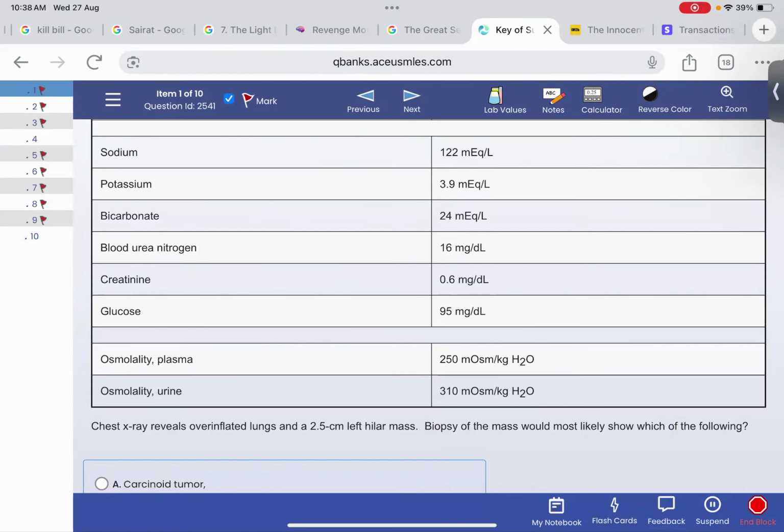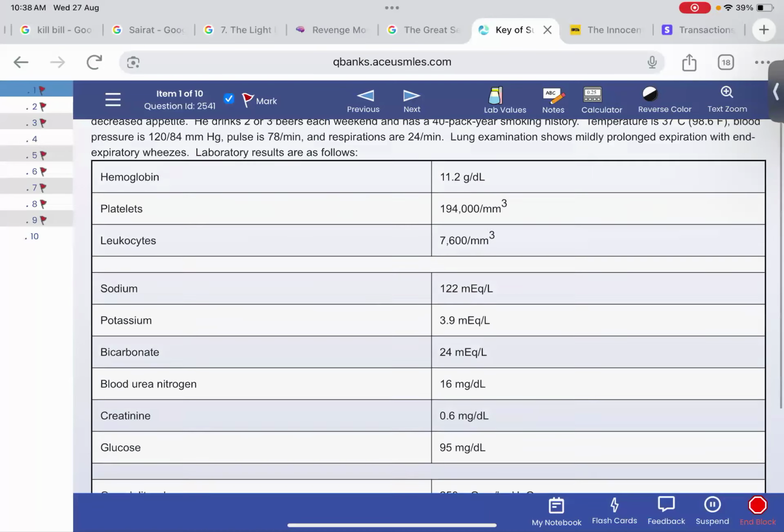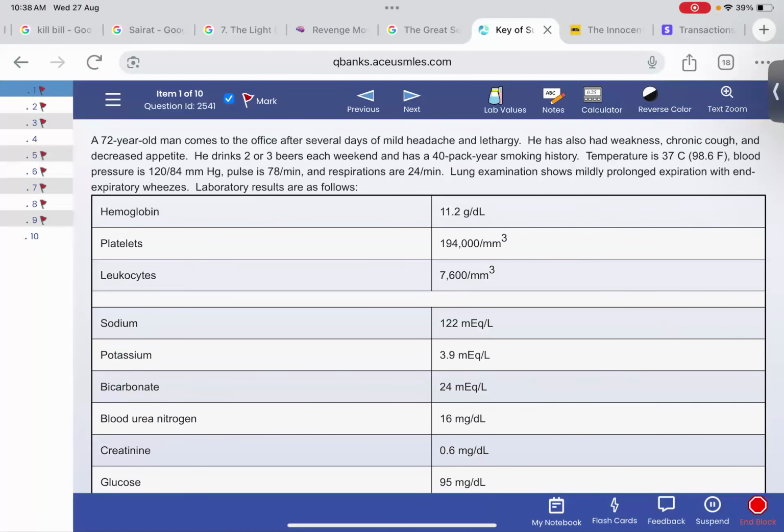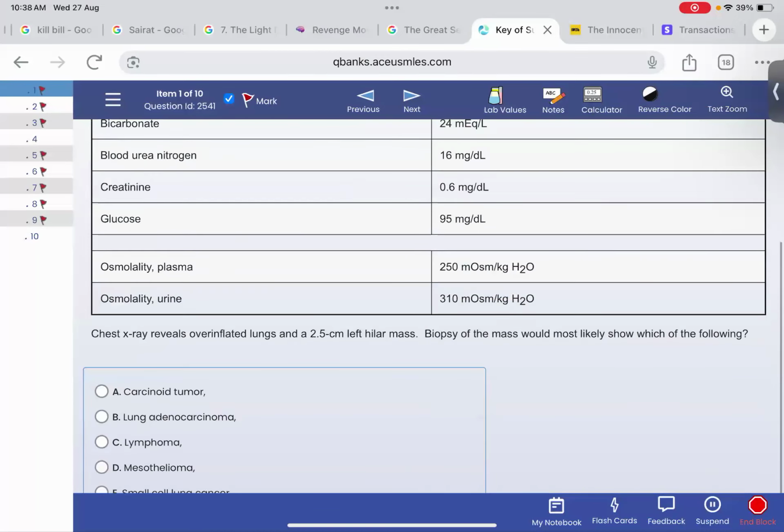So that's an obstructive disease with increased expiratory phase. Smoking history is leading us to COPD. Basically, a patient has COPD, but what if they also have a hilar mass?